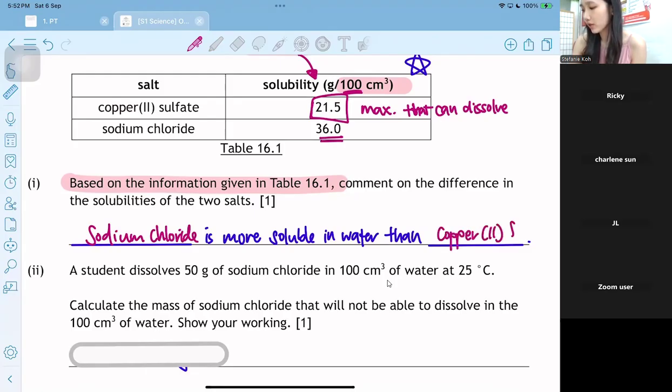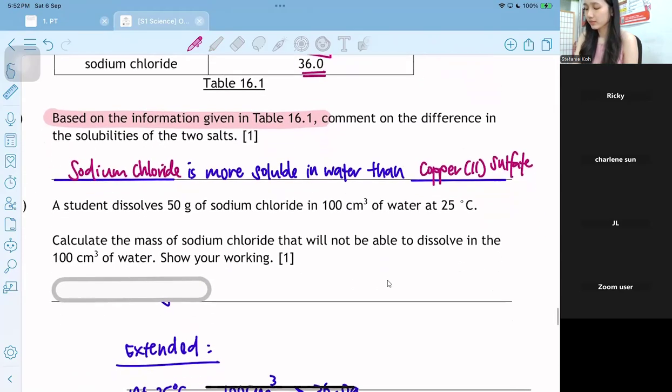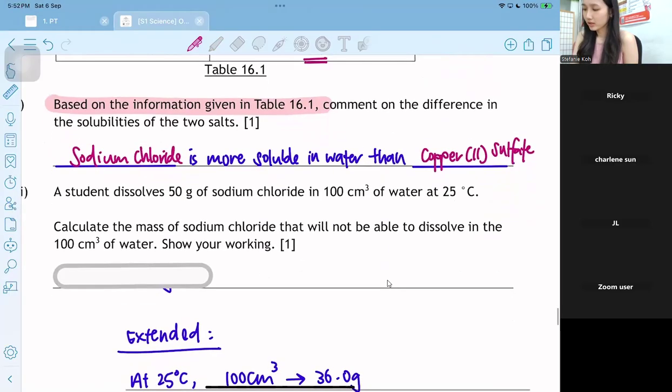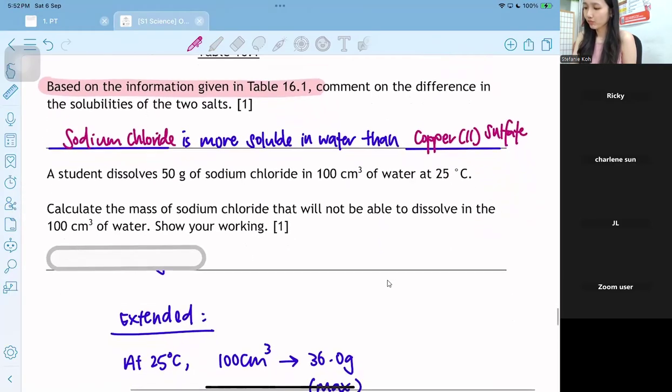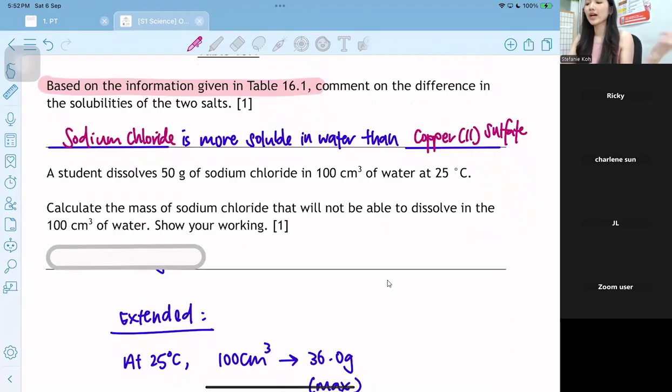Copper 2 sulfate. Or if you write the other way around, it's fine also. Copper 2 sulfate is less soluble, fine.